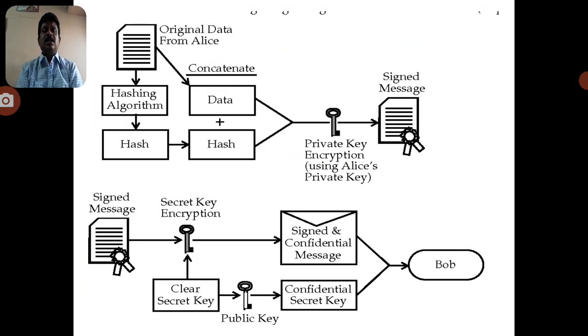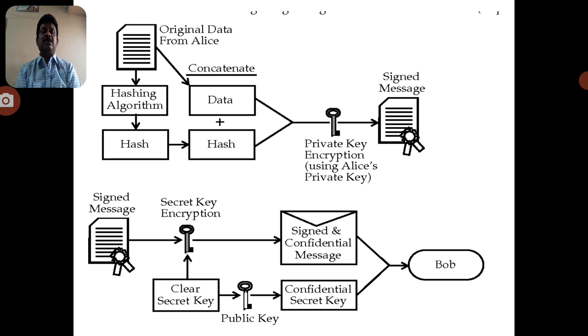Now you can observe how the public key infrastructure can be used. The infrastructure totally depends on the hash algorithm. You know, a hash is nothing but a public function which maps a message of any length into a fixed length hash value, which serves as its authenticator. So the original data is fed to the hash algorithm, and finally it can prepare one private key.